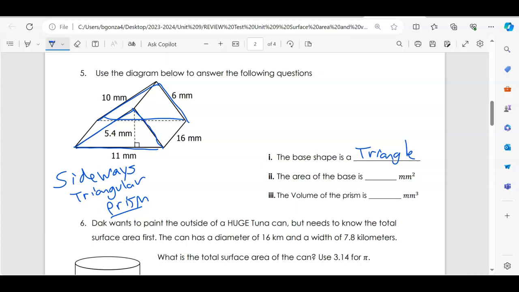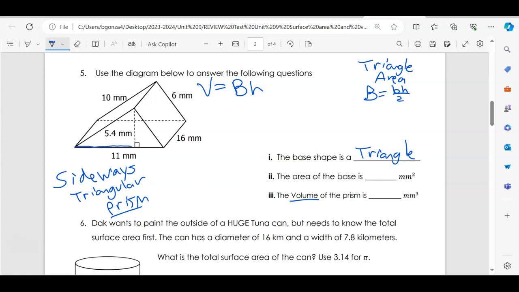Okay. If we're finding the volume of the triangular prism, it's just BH, but the triangle, big B, triangle area, is the base of the triangle times the height of the triangle divided by 2.